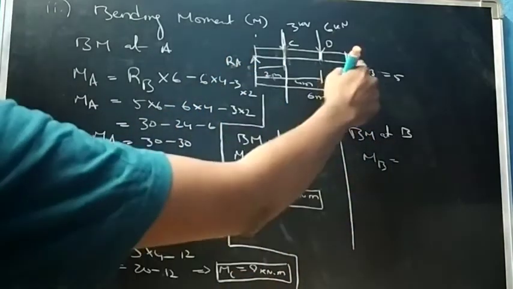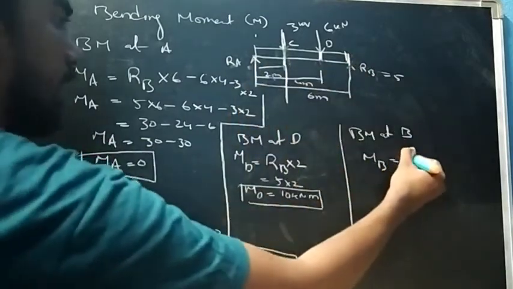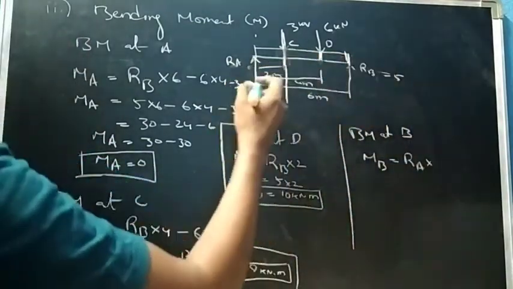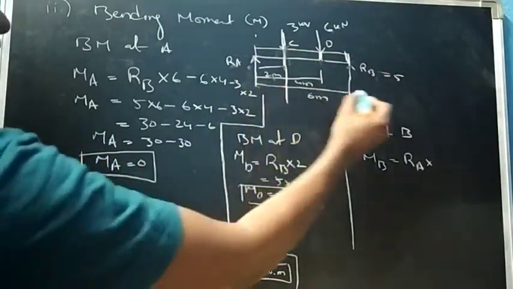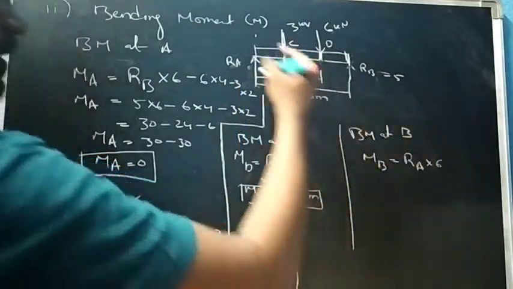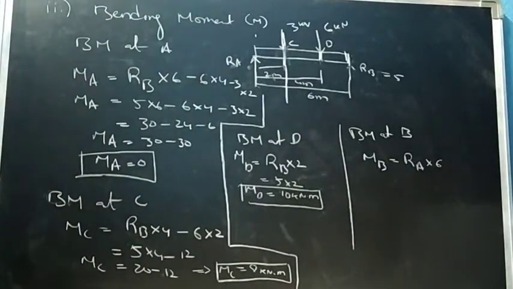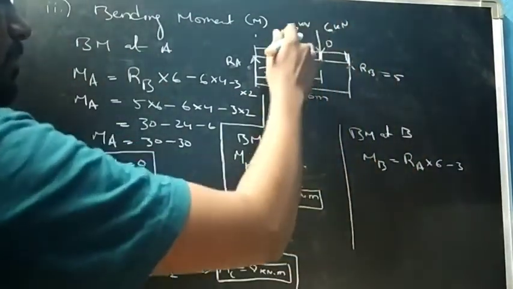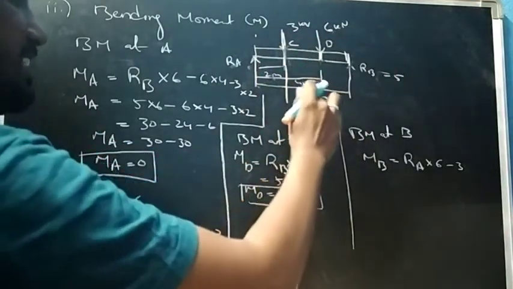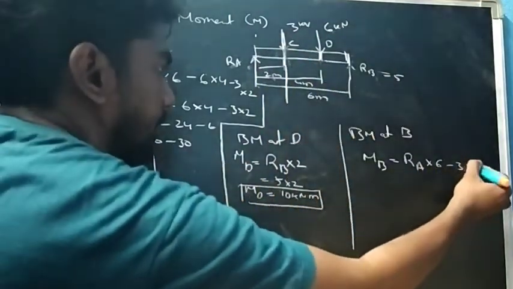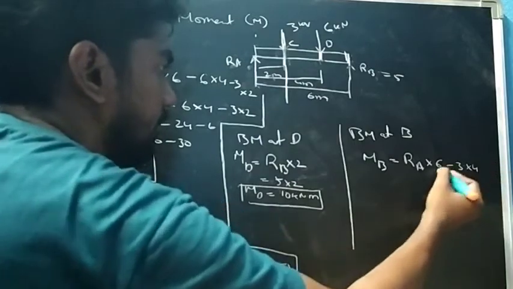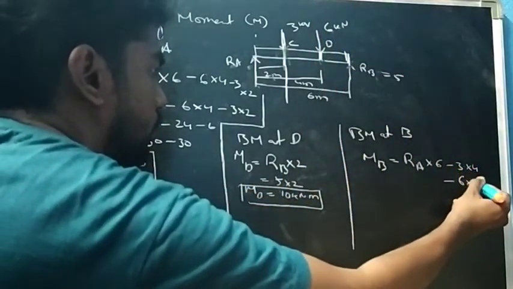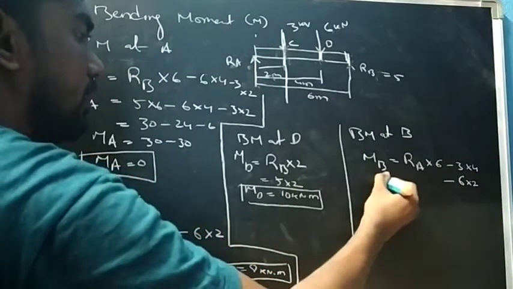all the way from here to here, that is RA multiplied by the perpendicular distance till RB, which is 6, then we have minus 3 kilonewton multiplied by the perpendicular distance, that is 4, then again minus 6 into 2, right?